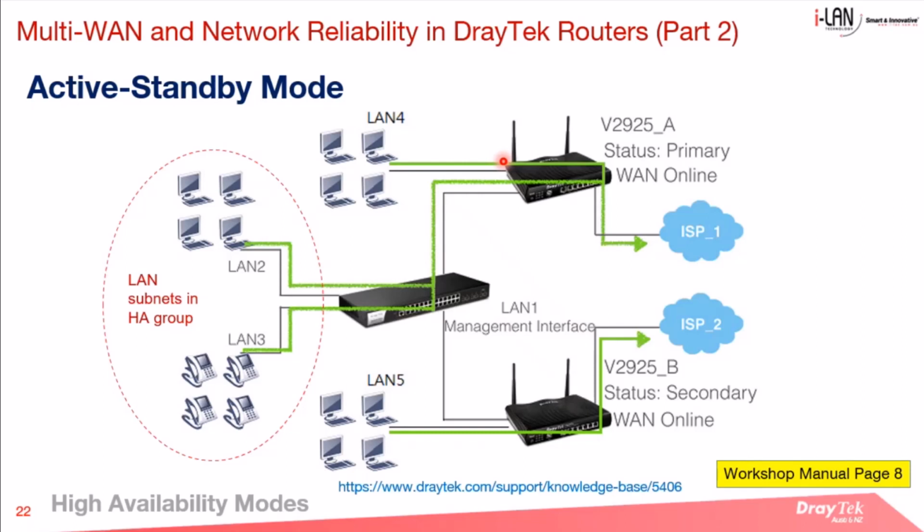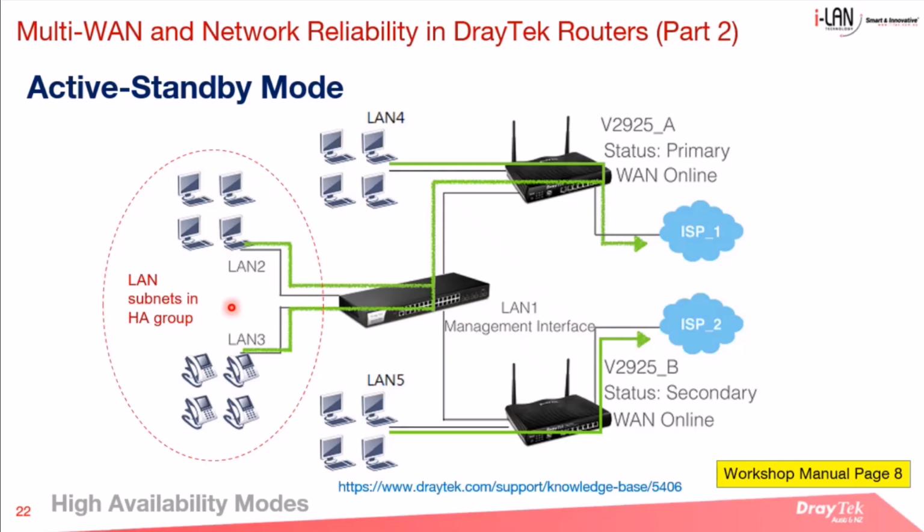Likewise for LAN 5, which is connected to router B. So it goes to its own ISP, ISP 2. And LAN 2 and 3 belong to the HA group, this one, so they will use the primary router's internet connection.